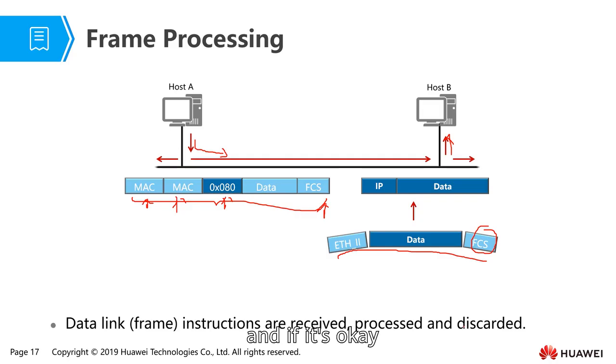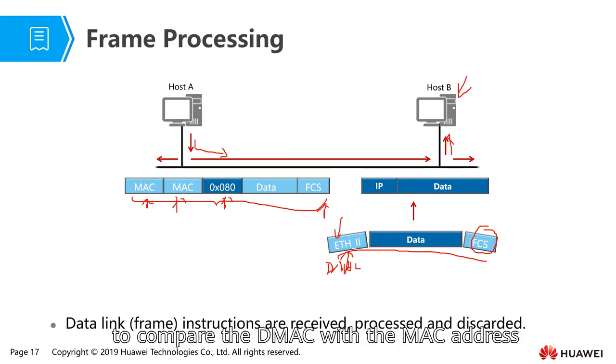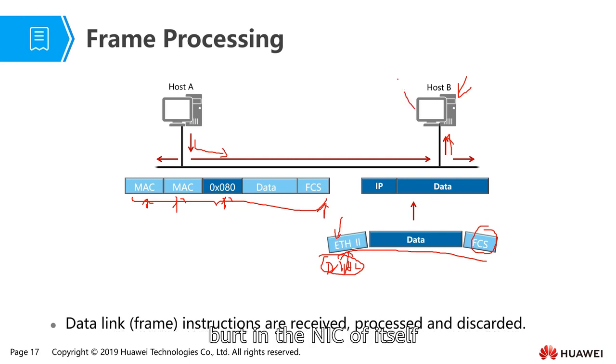If it's okay, then it decides if the destination of this Ethernet frame is itself or not. That means it uses the destination MAC in the Ether frame to compare with the MAC address bound in its own NIC.